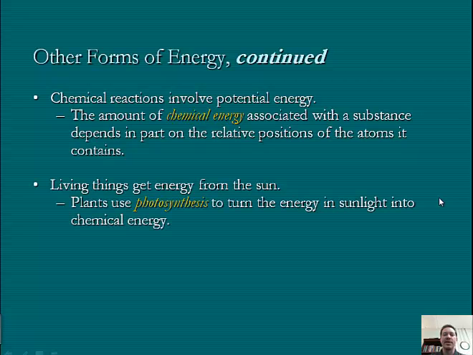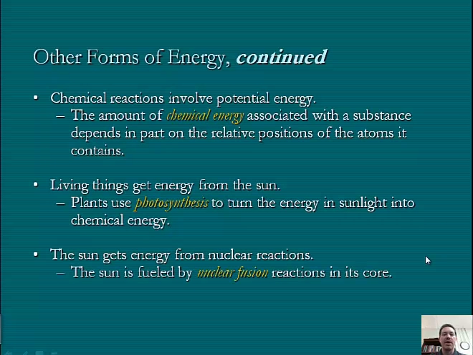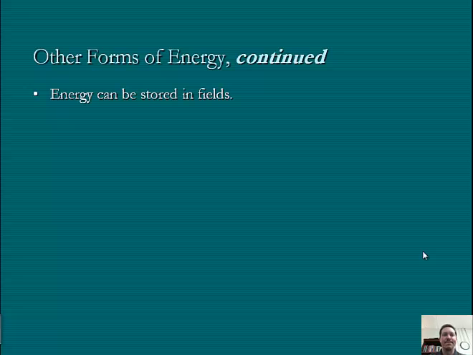We use photosynthesis to turn energy from sunlight into chemical energy. And then the sun gets its energy from nuclear reactions that are taking place there. So the sun is fueled by something called nuclear fusion, and we'll talk about this later in the semester.